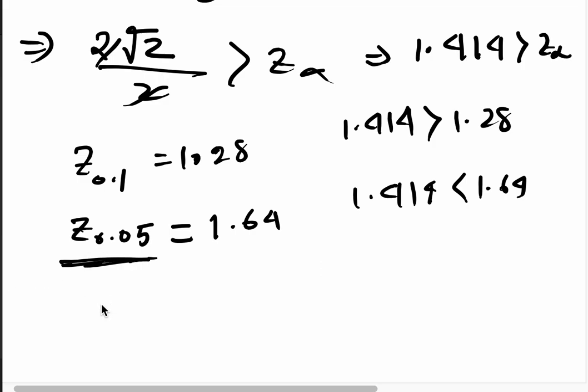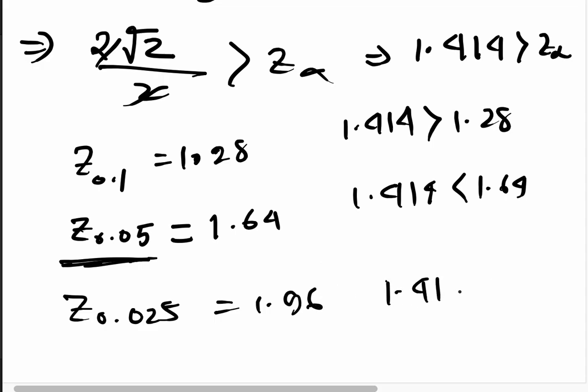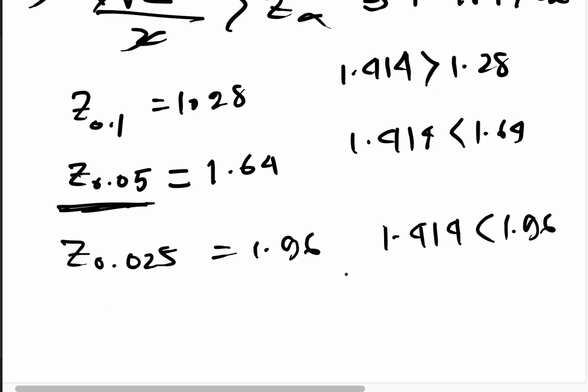And z at 0.025 is 1.96, and 1.414 is less than 1.96. So you cannot reject the H0 at level alpha equal to 0.05.